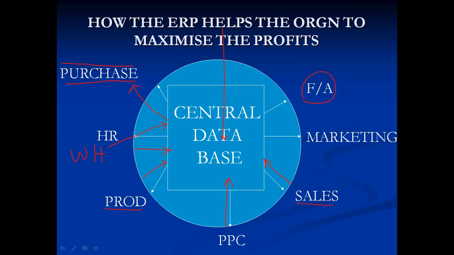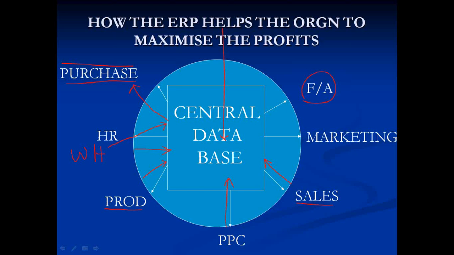Because when the purchase invoices are entered in the purchase department, it will update all the relevant information, like what? Inventories of respective materials, the account balance of respective vendors, the total amount of purchases, etc. All the relevant information is readily updated.